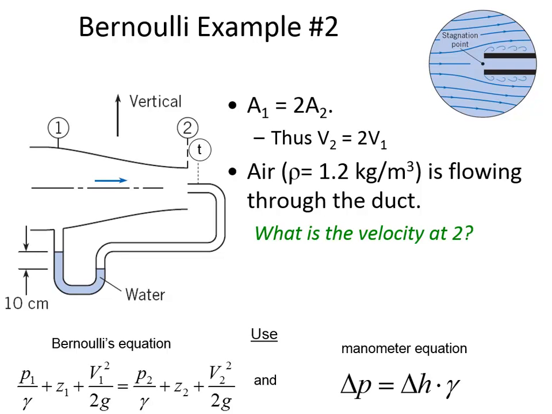We've got a nozzle that's contracting, and this tube is a differential manometer, and we've got it coming like this. Okay, and the water is high here and low there.